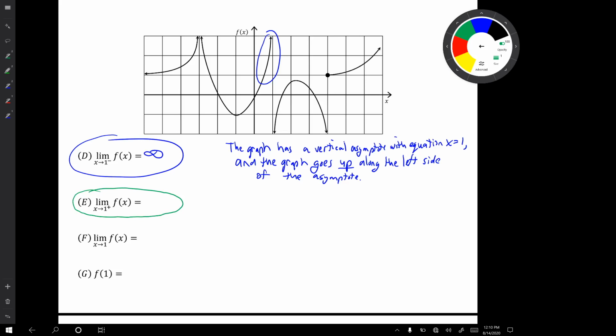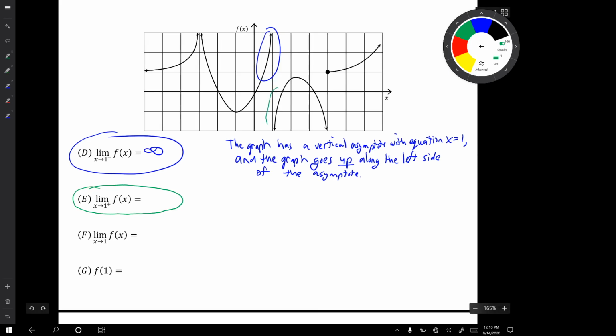Well, that refers to this part of the graph. X is getting closer and closer to 1, but to the right of 1. So let's notice what happens on the graph in that part of the graph and describe it in a sentence. The graph has a vertical asymptote, again with line equation x equals 1, and the graph goes down along the right side of that asymptote.